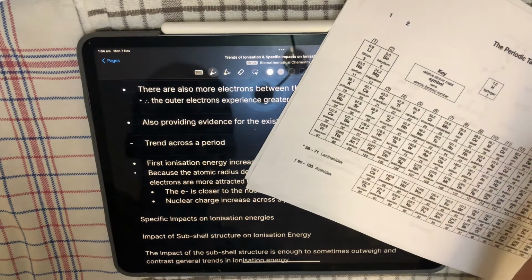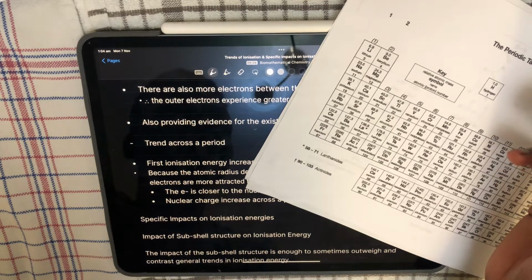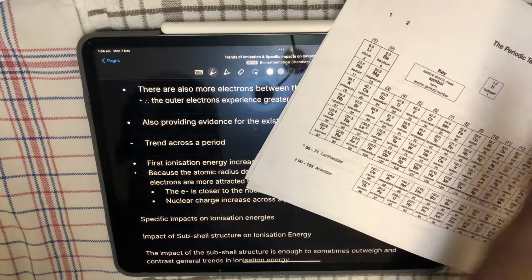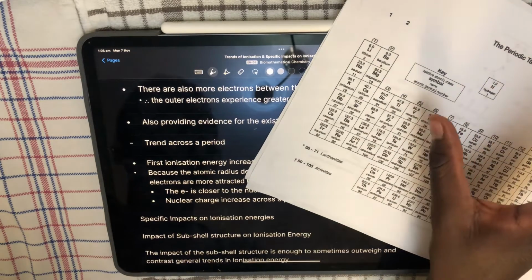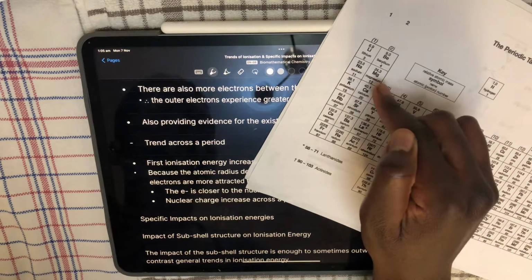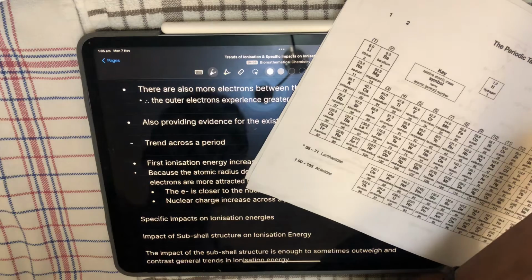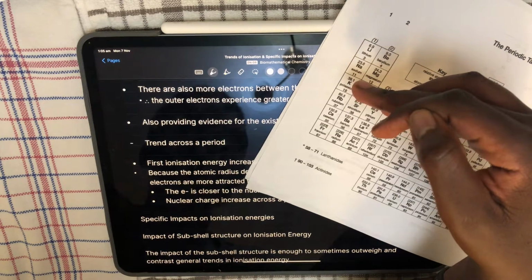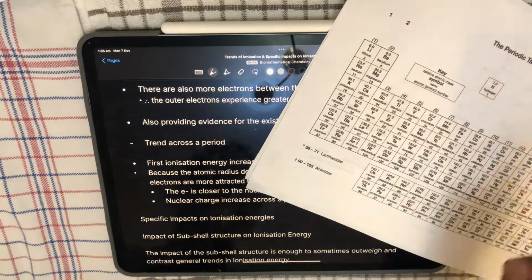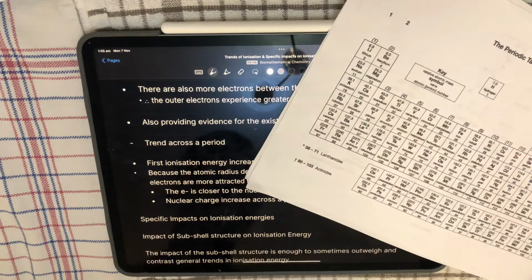Therefore, there's a stronger electrostatic attraction between the nucleus and the outermost electrons, which will all be in the same shell, for example the third shell if we're talking about the third period. So ionization energy increases as you go across the period.